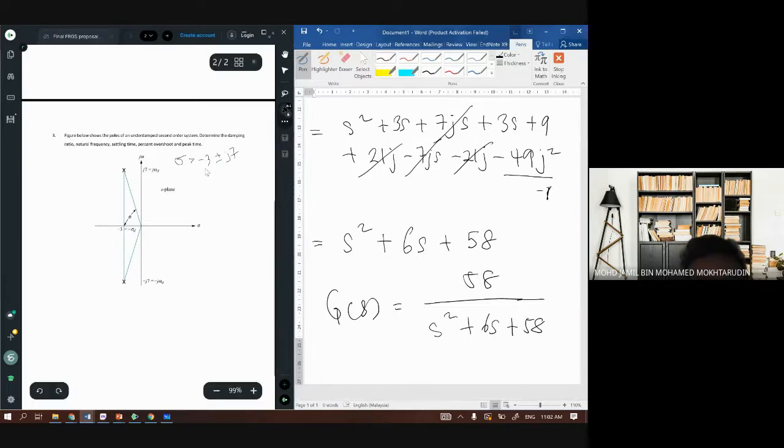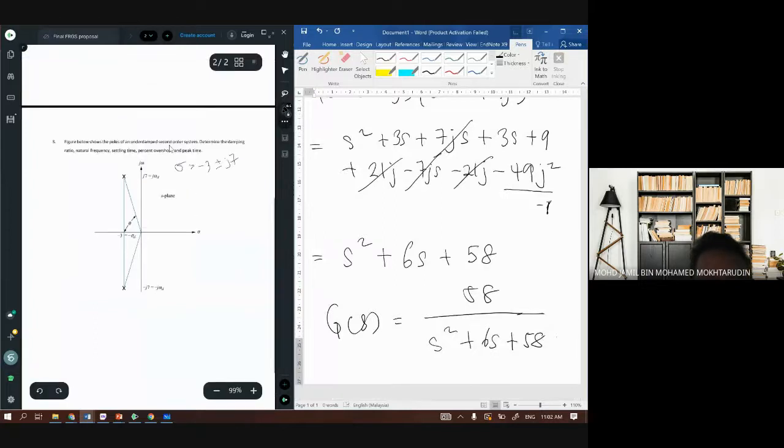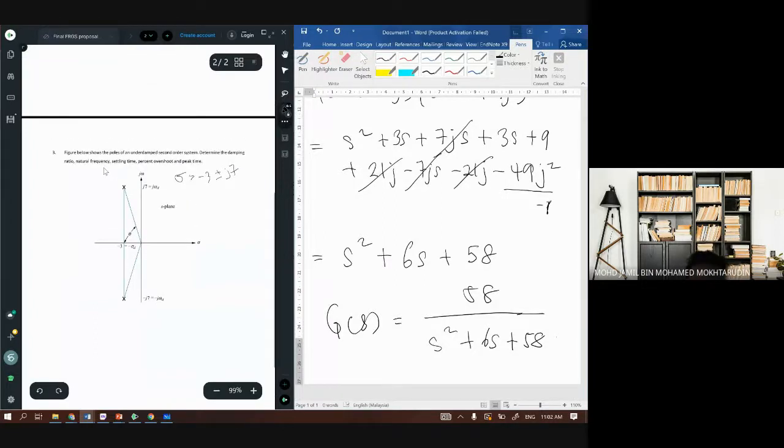The question doesn't even ask for the transfer function, so that was extra. Now we look for the damping ratio and natural frequency.